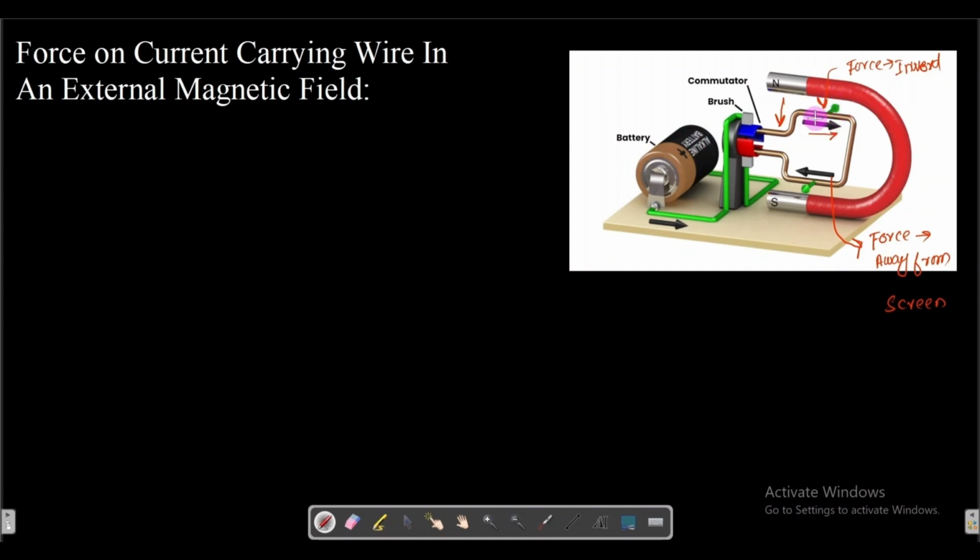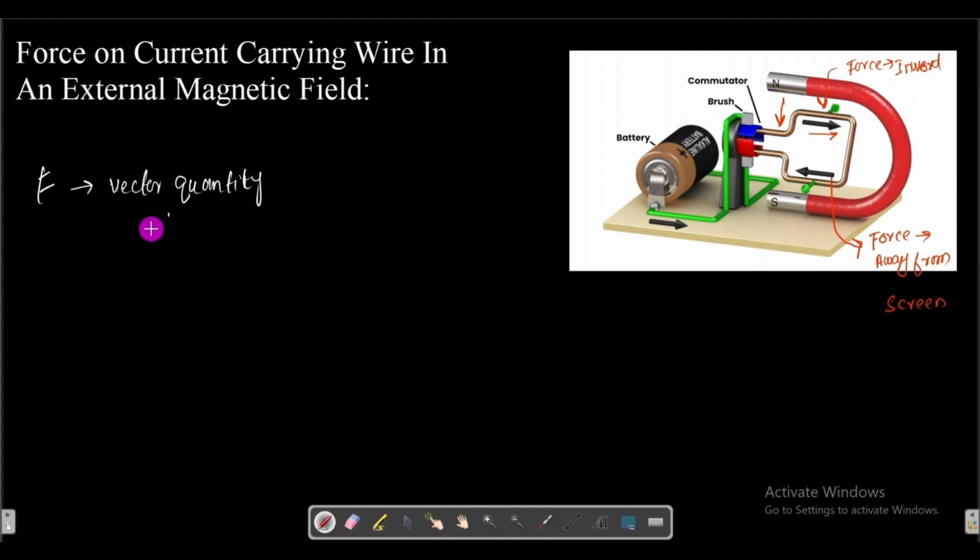So here the direction of the force is inward, and here the direction of the force is outward, due to which this conductor will rotate inside the external magnetic field. And this phenomenon mostly occurs in the DC motor, which converts electrical energy into mechanical energy. So here the force will be exerted on this conductor, and this force is a vector quantity.